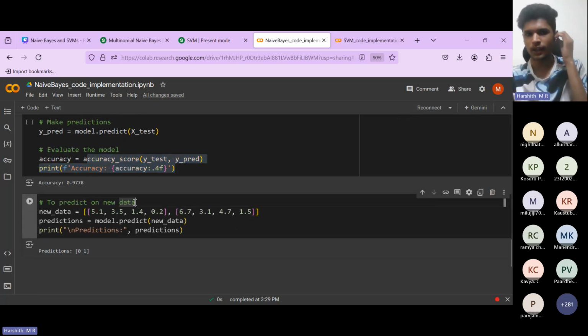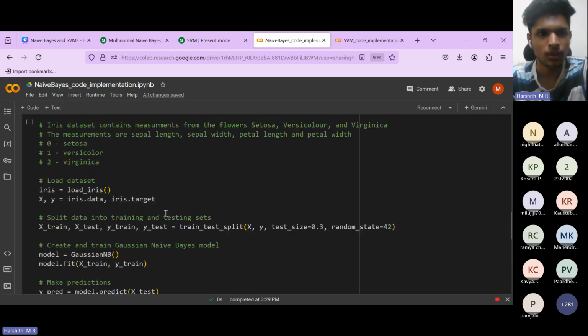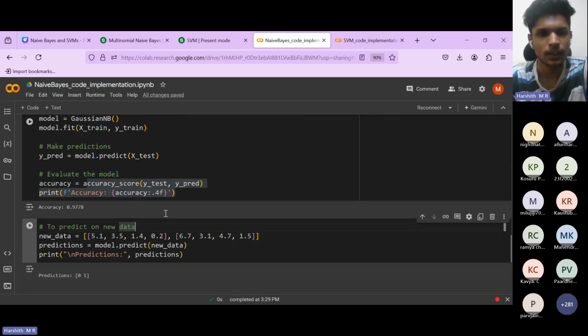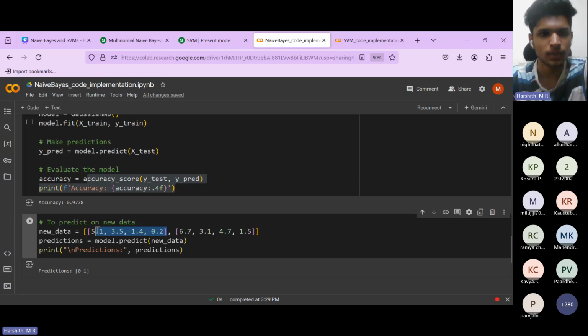So I picked a few flowers from the internet which belong to Setosa as well as versicolor. So these petal widths and sepal widths belong to Setosa, and these petal widths and sepal widths belong to versicolor. So when we pass this as a list to our model and predict, our predictions come out as 0 and 1.